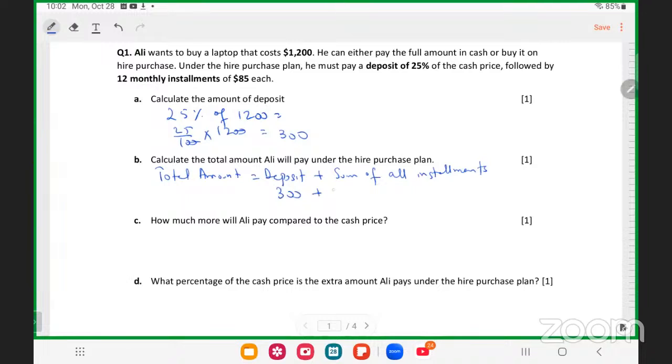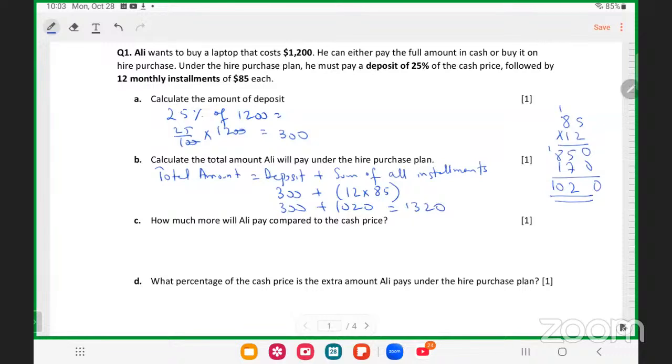Sum of all installments are 12 into 85. So when I multiply 85 by 12, 1020. So 300 plus 1020 is 1320.